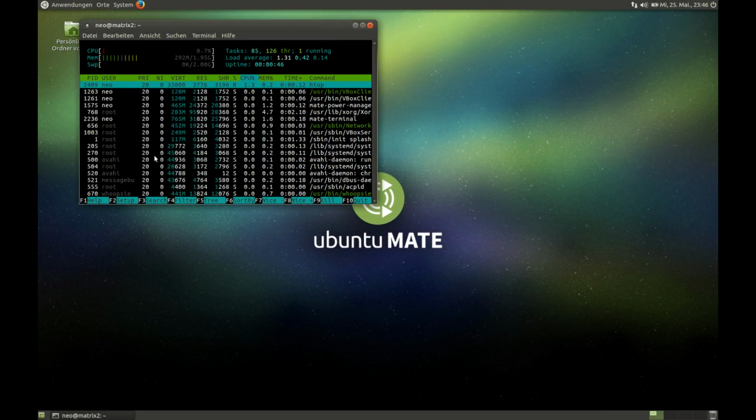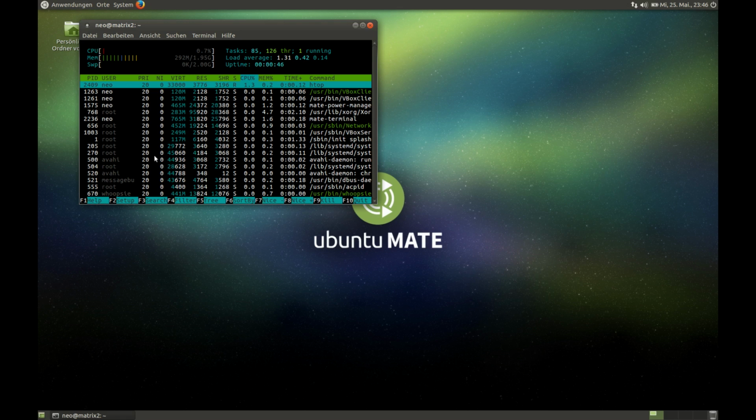This is Ubuntu Mate 16.04, and it uses, like Xubuntu, 292 megabytes of RAM. The Mate desktop is a fork of the Gnome 2 desktop, and it's also built on the GTK2 libraries until now.